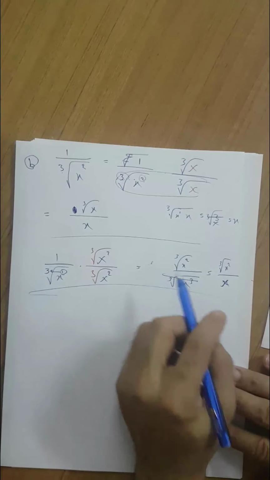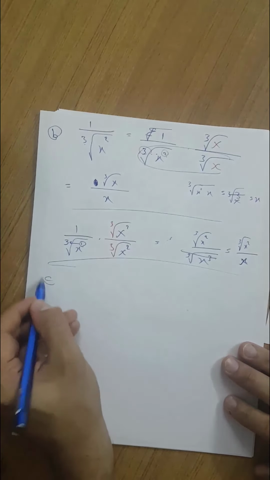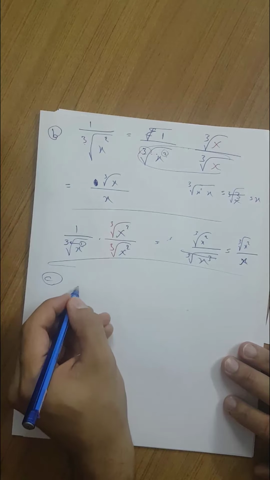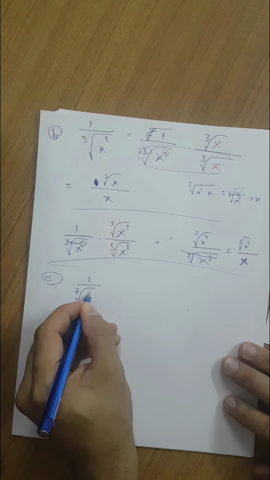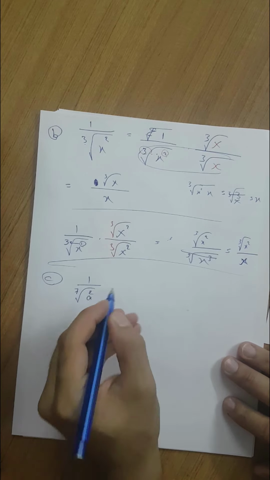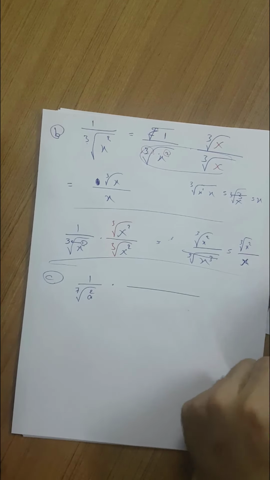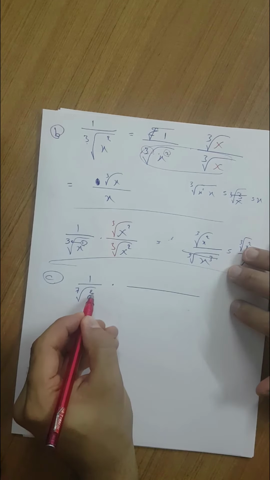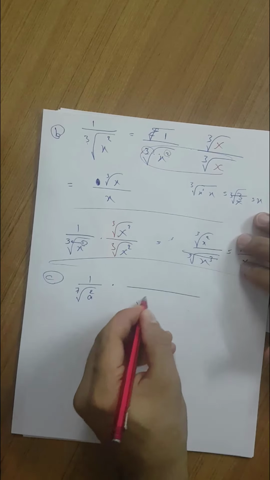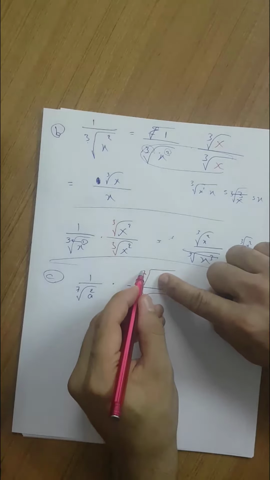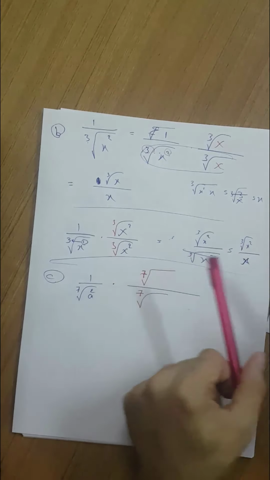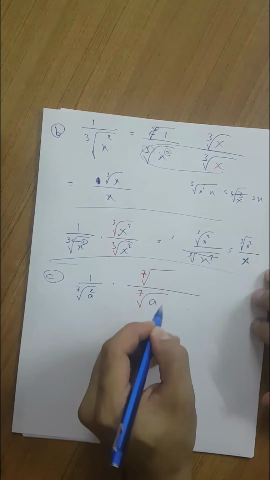Okay. Now for part C, I know you got the idea now. We have 7th root of a squared. Now you tell me, between 2 and 7, how many a remain? I put the 7th root. So how many a remain?